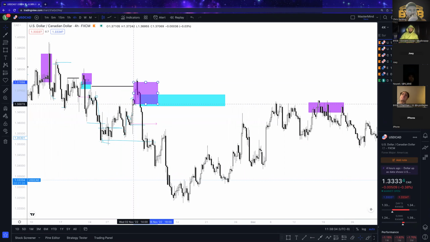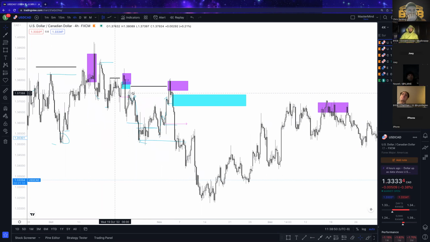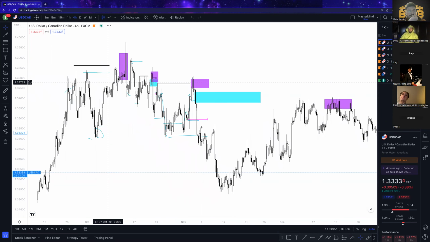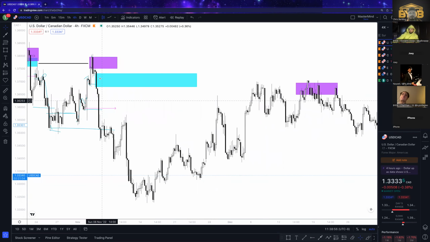So discounted prices, or if I'm trying to be more sniper, I'm looking right here, or this is my point of interest right here, and then I'm just looking for some distribution in this imbalance. And it depends how the 4 hour and daily is looking, but after we see this evidence of distribution, this last significant area right here, this previous lower high, this is our new lower low.